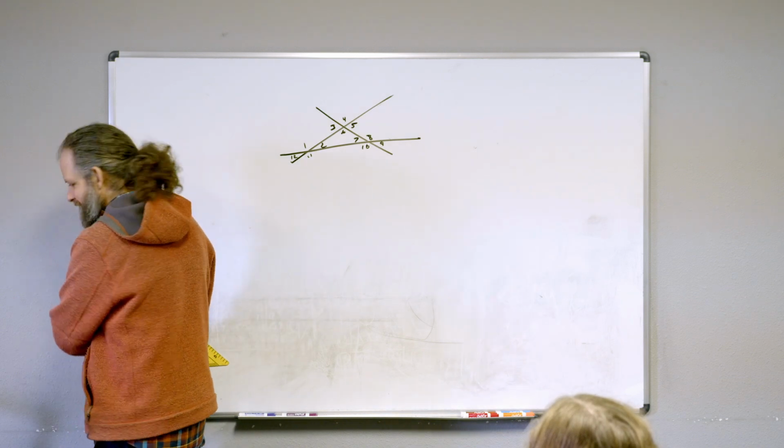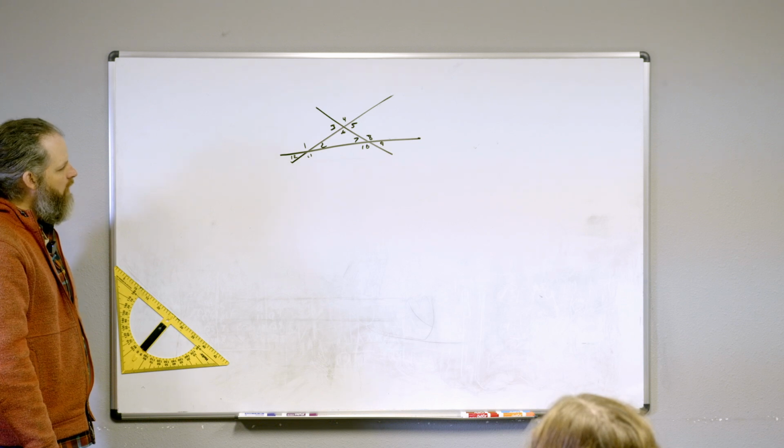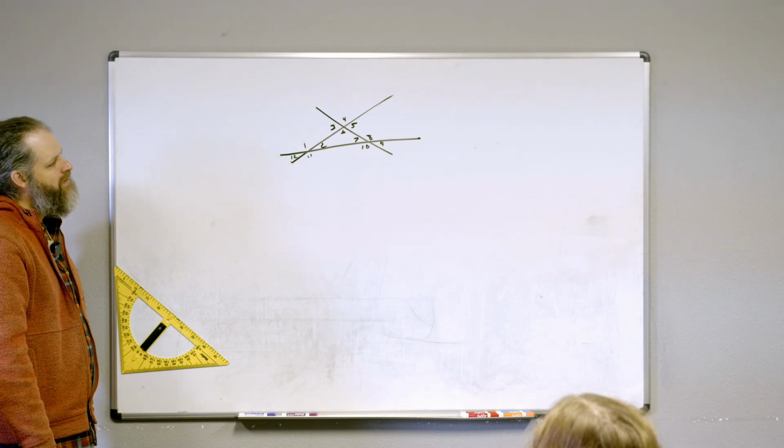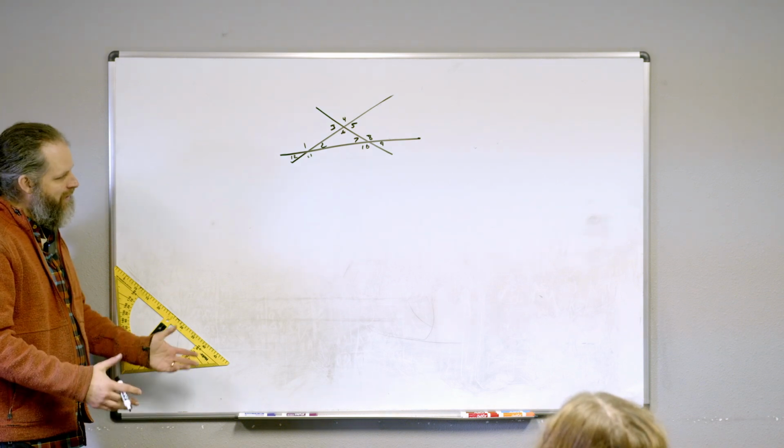Name a pair of vertical angles. 4 and 6, 12 and 2, 1 and 11, etc. Right? Where's a linear pair?